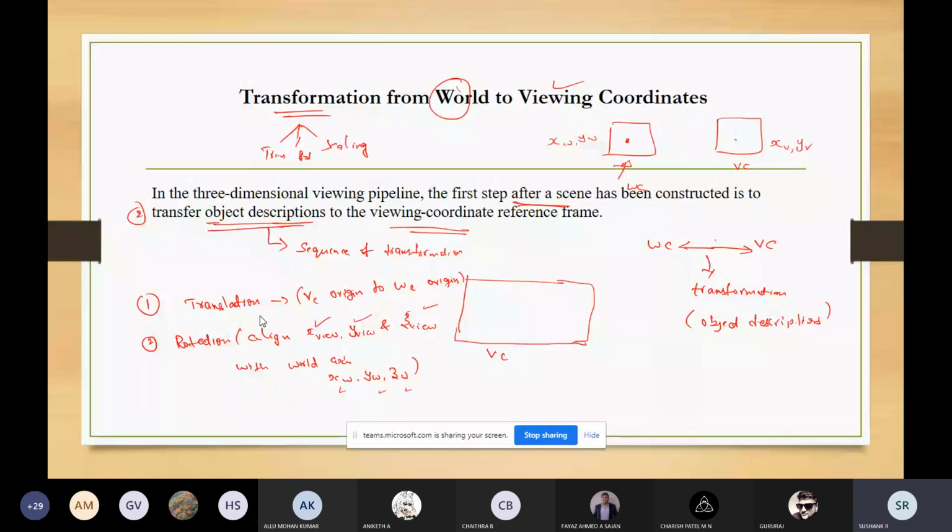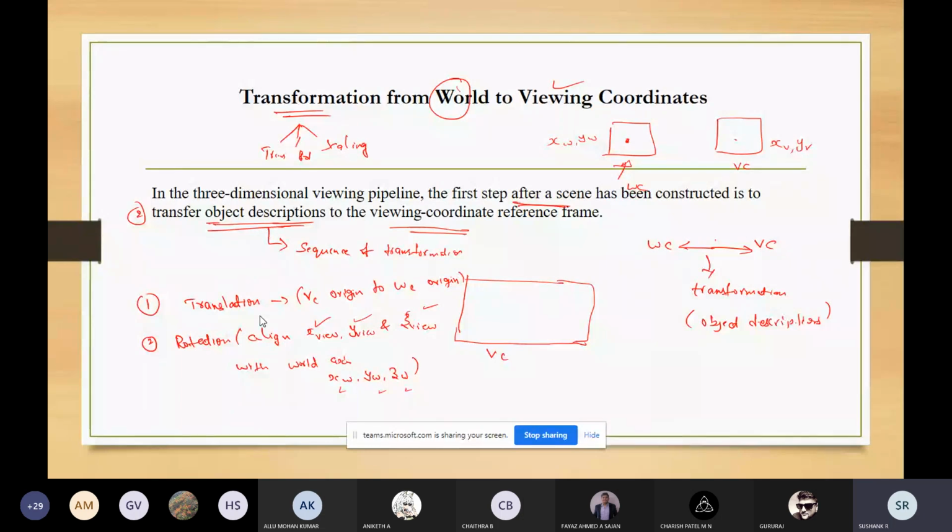And the second one is rotation. It will apply rotation to align the x view axis, y view axis, and z view axis with the world coordinate axes xw, yw, zw. I'll repeat this. We are performing only two transformations here. The first is the translation of the viewing coordinate origin to the origin of the world coordinate system. The second is the rotation, applied to align the x view axis, y view axis, and z view axis with the world axes xw, yw, and zw respectively.